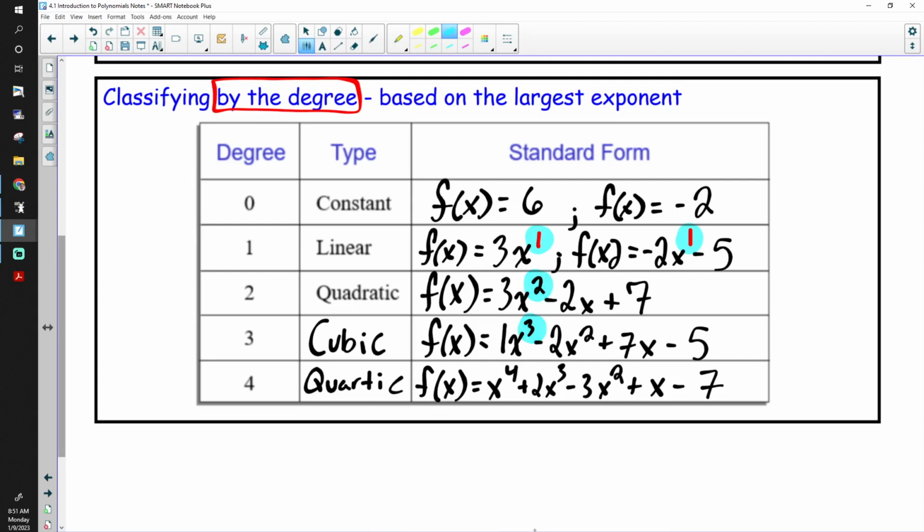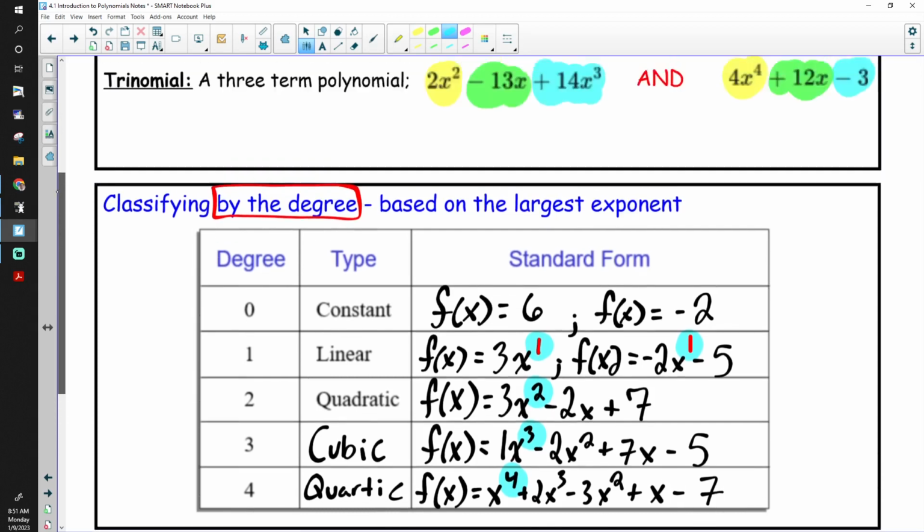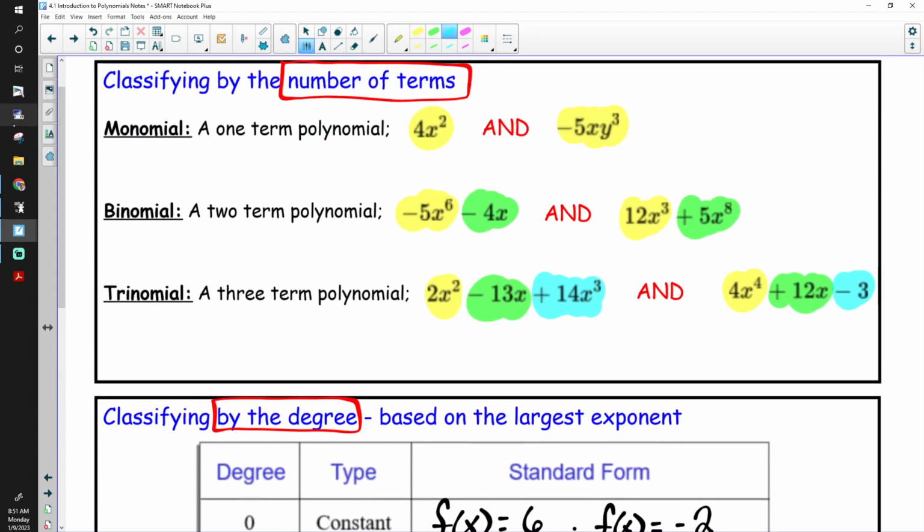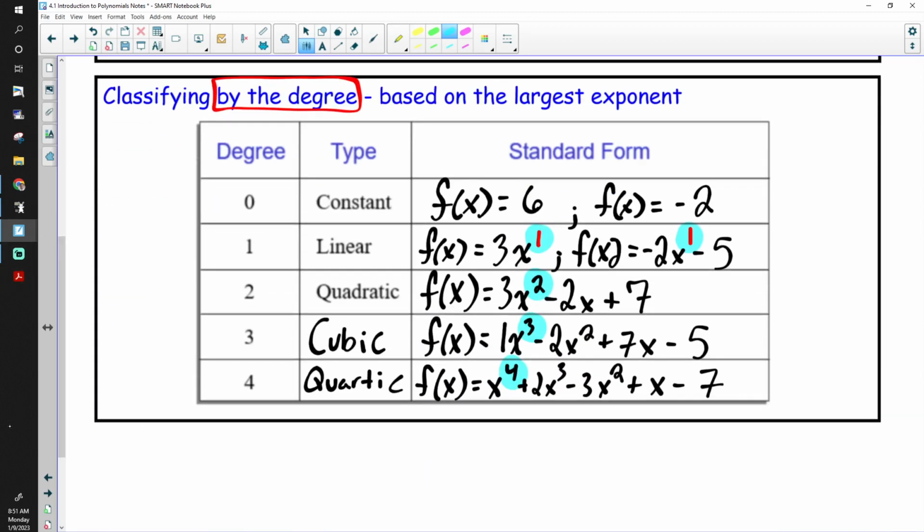Cubic had an exponent of 3. Quartic had an exponent of 4. Those exponents are how they get their name. When we're classifying by the number of terms, monomial, binomial, and trinomial, that's all based on how many terms they have. It has nothing to do with their exponents. So, number of terms, or by degree. Okay, so those are things we need to know.